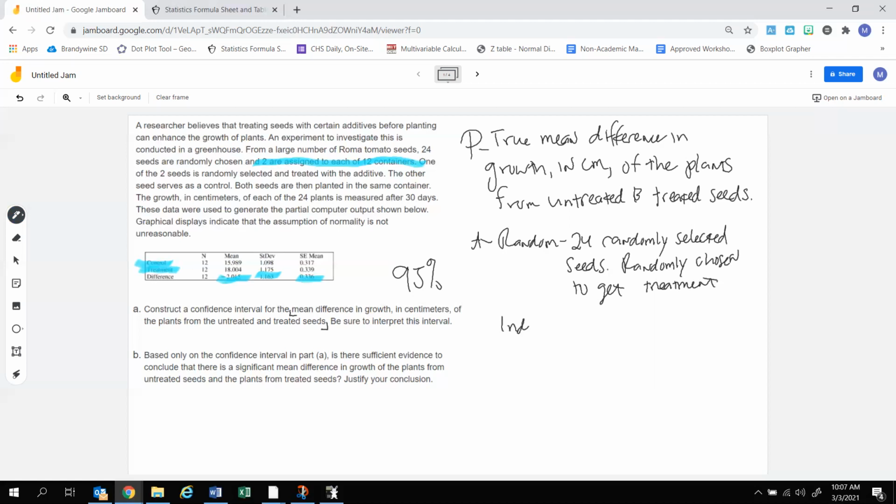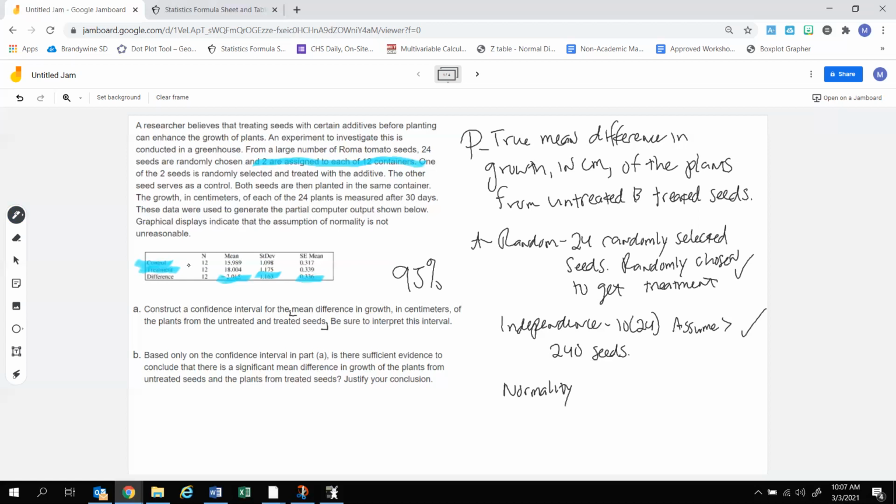Independence, if you want to check it. Our sample size is 24 seeds, so you do 10 times 24. Assume more than 240 seeds. Normality. This is good.